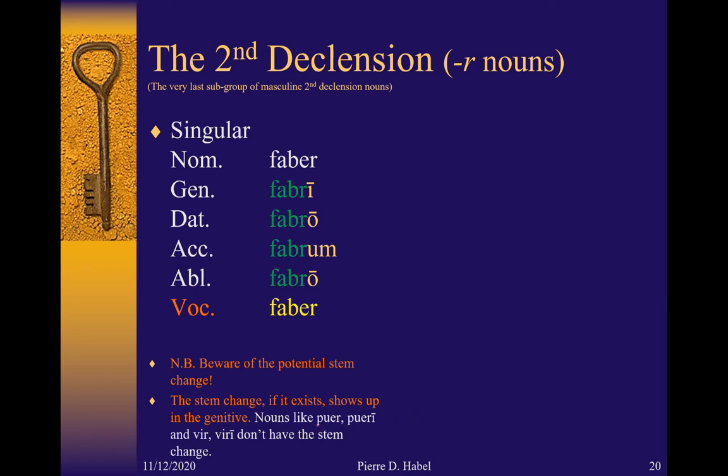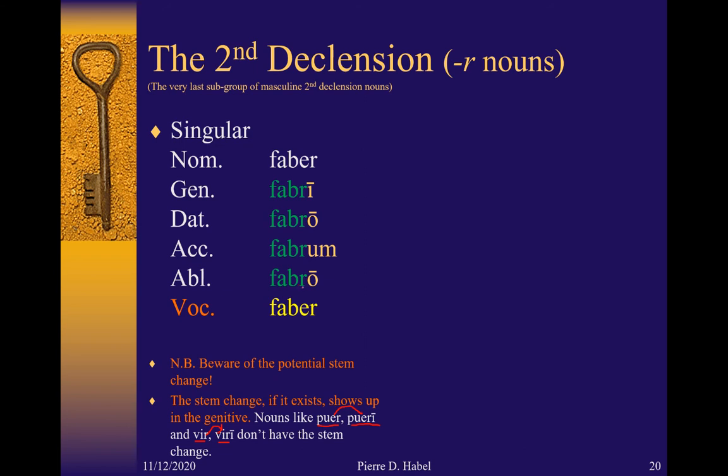You can tell because if you look at the combination of the nominative and the genitive, puer, pueri, both of these forms keep the E in front of the R. And on vir, viri, the stem doesn't change. The I does not drop out in front of the R. But on faber, fabri, the E drops out in all the forms from the genitive through the ablative.